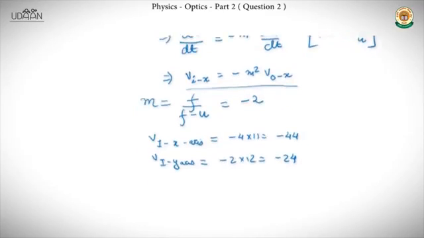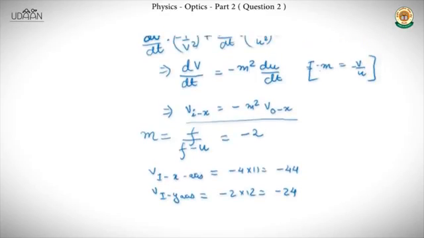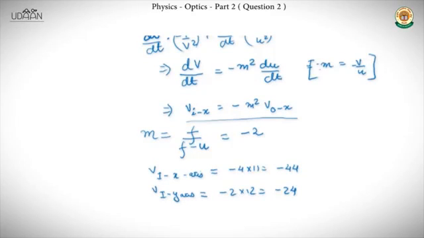Now in this, all the velocities which we considered were relative to the mirror. So basically what we obtained here are the velocities relative to the mirror along the coordinate axis.